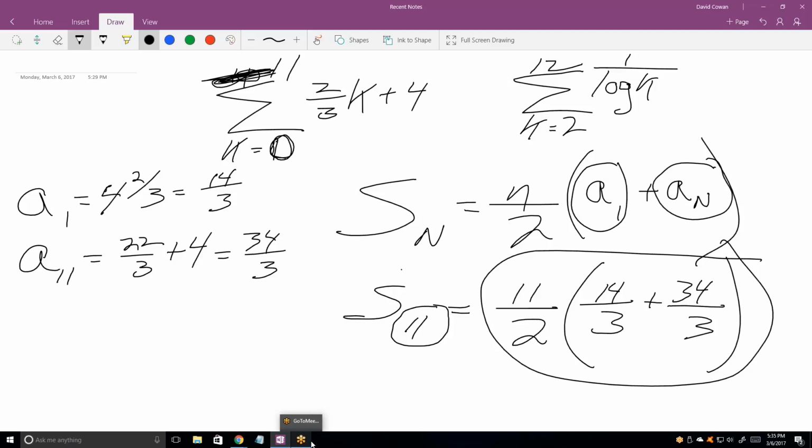And k can't be 1 because the log of 1 is 0, and that would cause me to divide by 0. So I would have to start my sequence at 2. That would be the only place I could start, because the function isn't defined when k is 0 or k is 1.